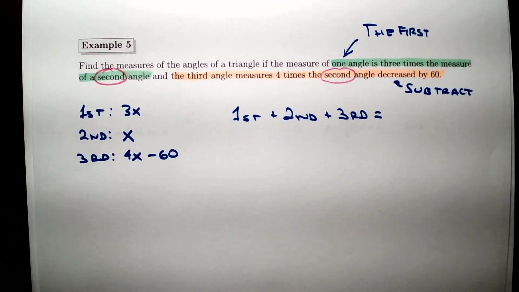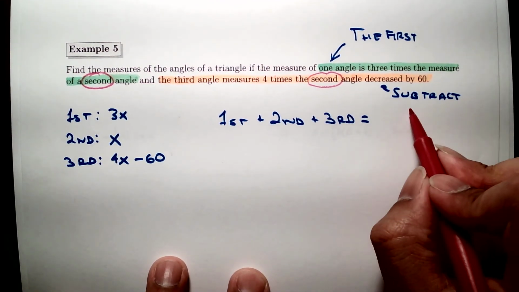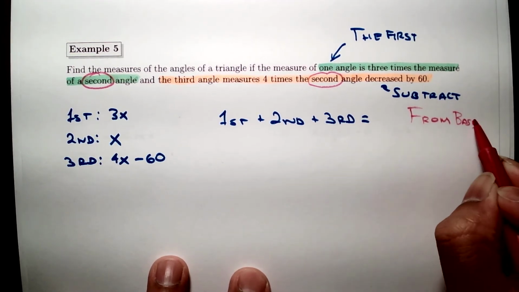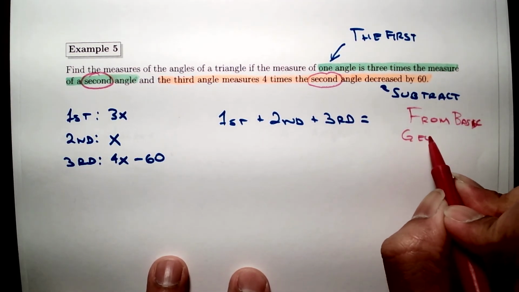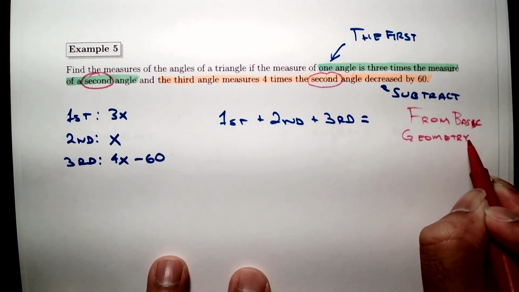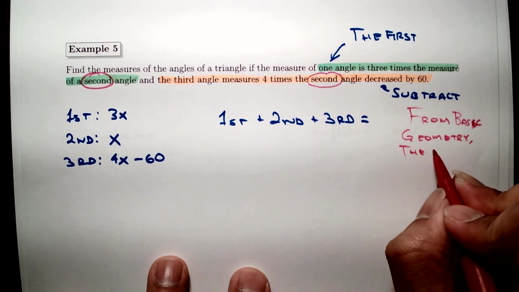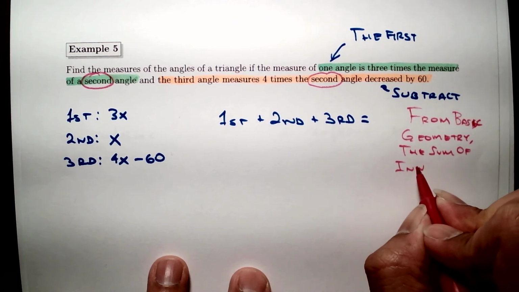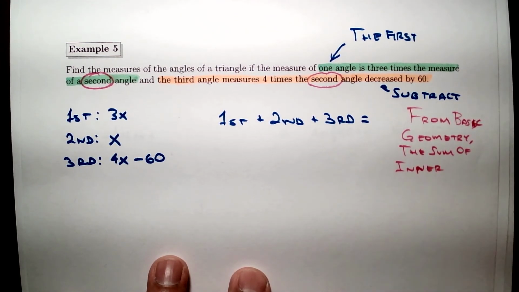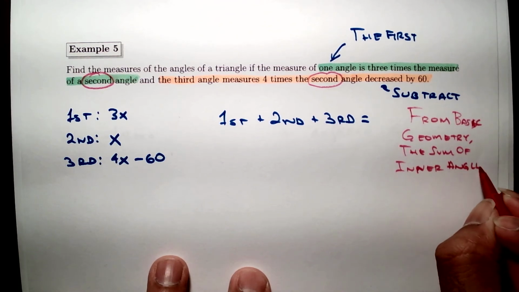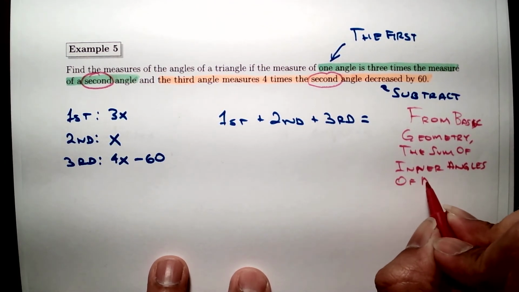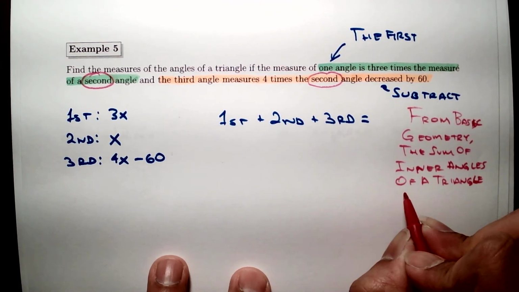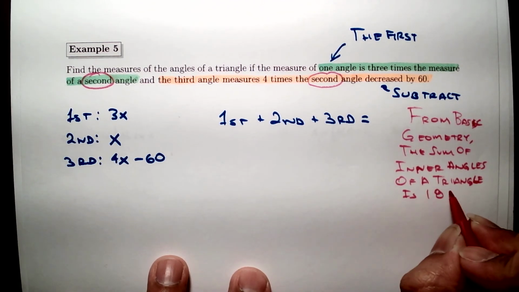Well, in this case, one thing to keep in mind is from basic geometry, the sum of the inner angles of a triangle is 180 degrees.